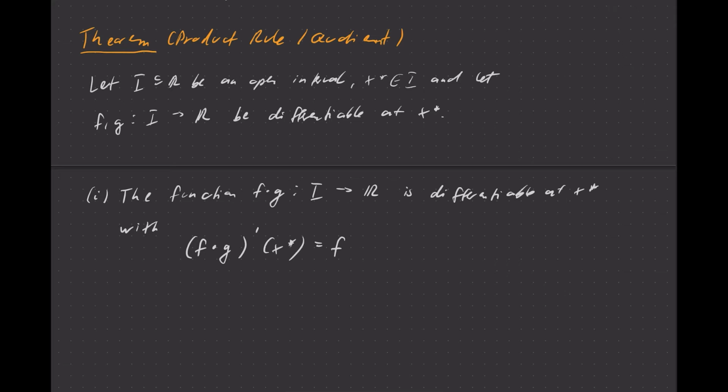You first take the derivative of f, so the first function, at x star. You multiply that by g, the function, not the derivative. And then you add f evaluated at x star times the derivative of g at x star. So there's two summands, one derivative in each of those, and one non-differentiated function. So this is the product rule.